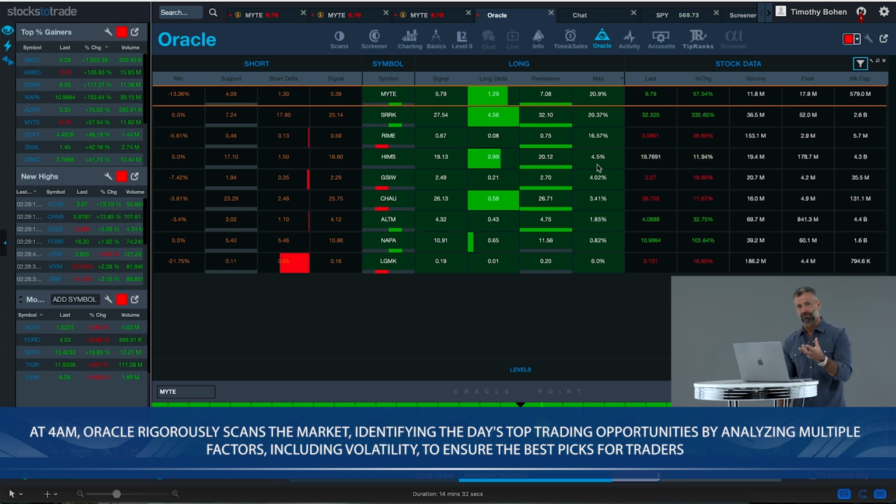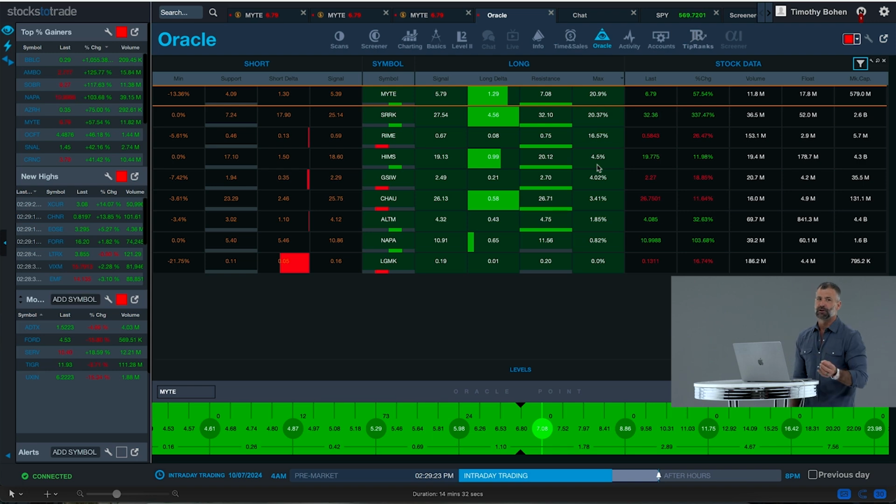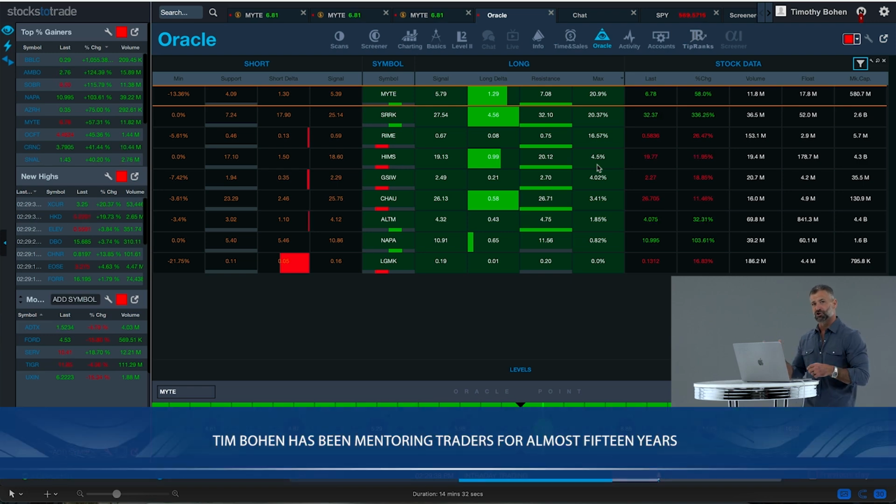If you've been trading a while, you know this; if you're new, you might not. The opening candle, the 9:30 candle, is always the highest volume, most volatile candle of the day. Oracle absorbs all of that information, brings it into its algorithm, and looks at past price action as well as current action to predict entries, exits, stop losses, and goals.